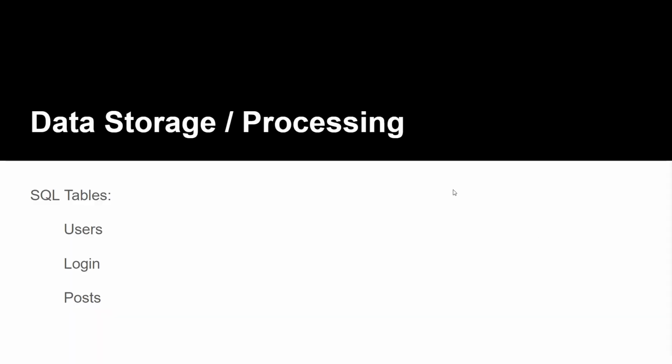Now we'll talk about how our data is stored and processed. This primarily happens through MySQL tables. There are 3 of them. First is the users table, which the whole app is built around and user accounts are built around.